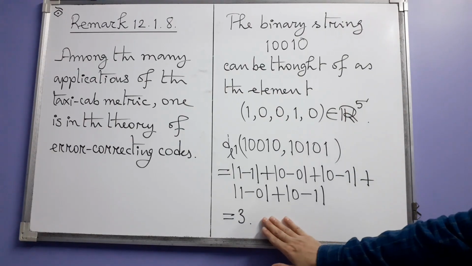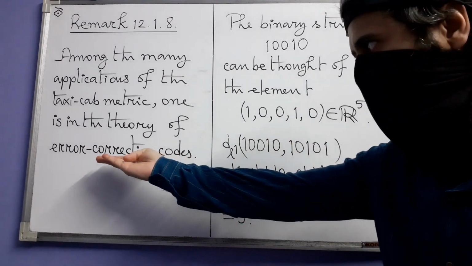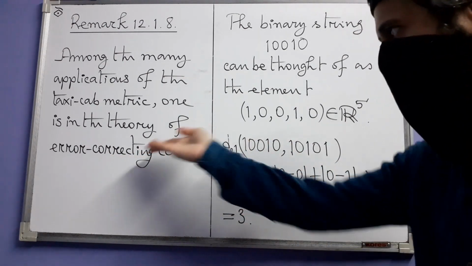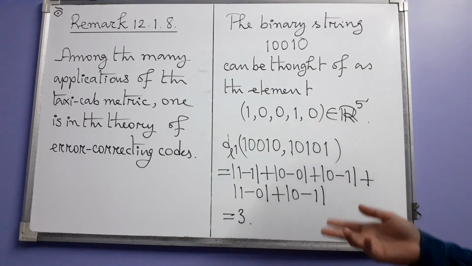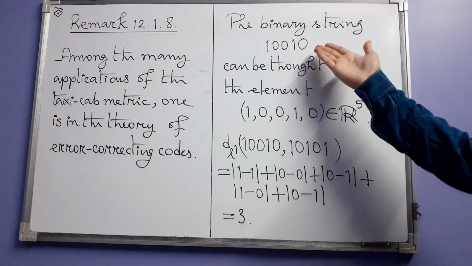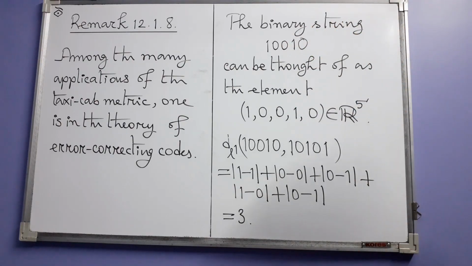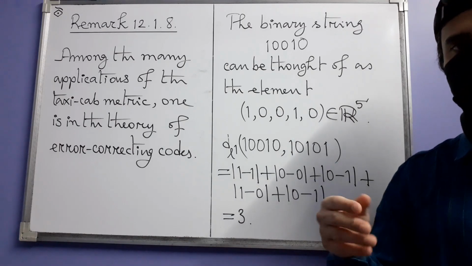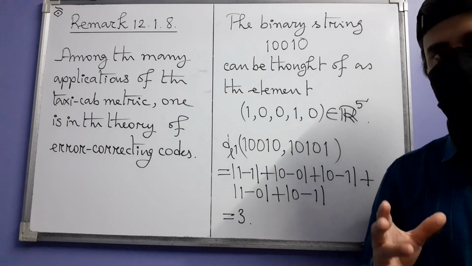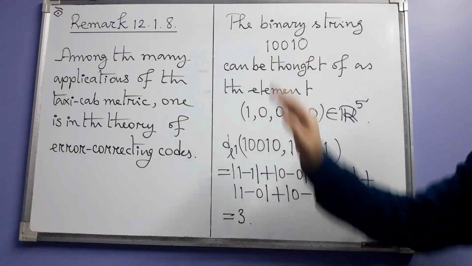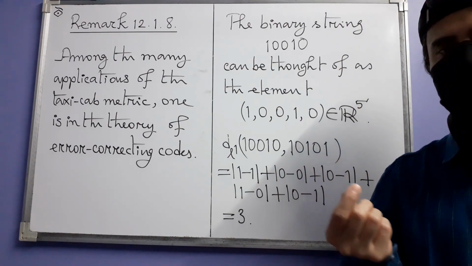Okay, so then what do we do with this, and what is the relation between this and error correcting codes? You already know that we use these things in devices. Say your computer. A computer does not really understand anything other than these ones and zeros, where 1 represents the state of a very tiny switch.